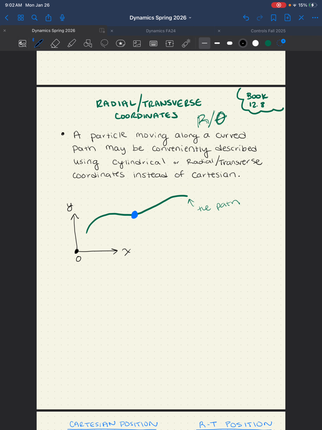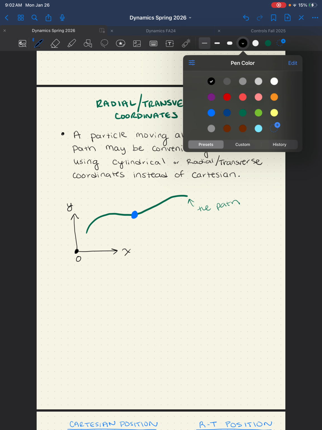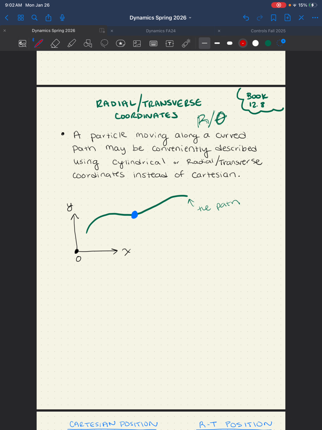Now, the next thing I need to draw is the radial direction. The radial direction is defined as pointing away from the origin. So we draw a line that connects the origin to my particle, and then the radial direction is an extension of that line, right here.